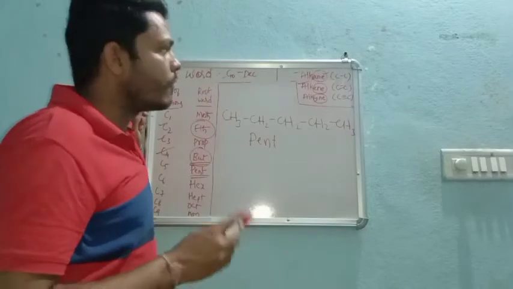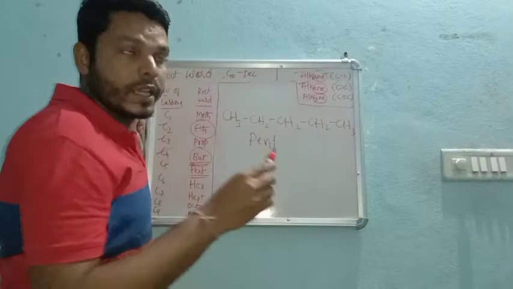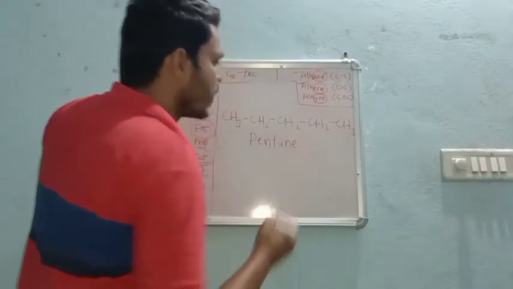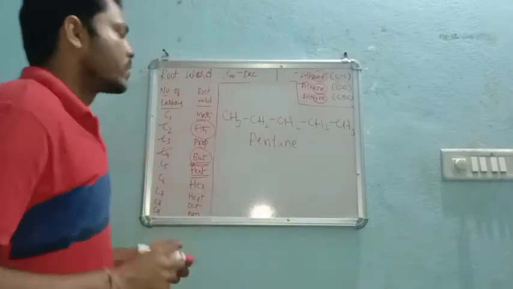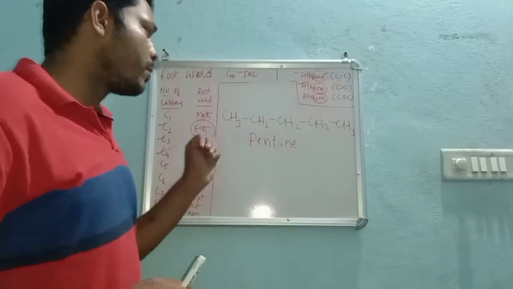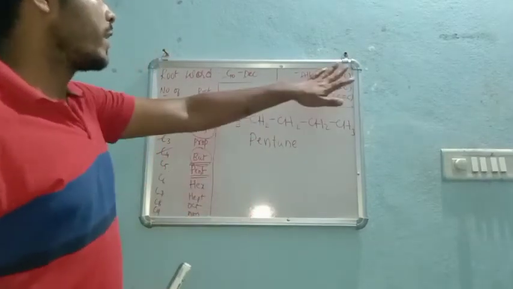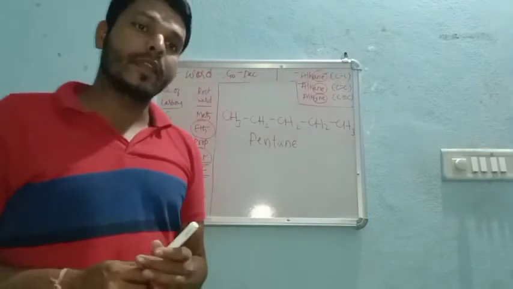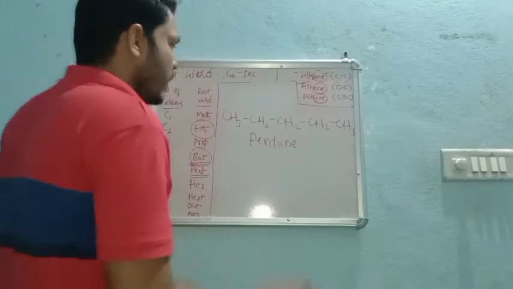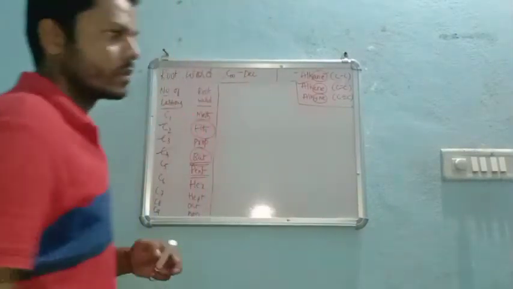If it is a single bond, then as I said, we have to use the suffix ane. Now you can name the complete compound. The name of the compound is pentane, right? So likewise, we can name alkanes or simple saturated compounds. Today we will see the case of alkenes.